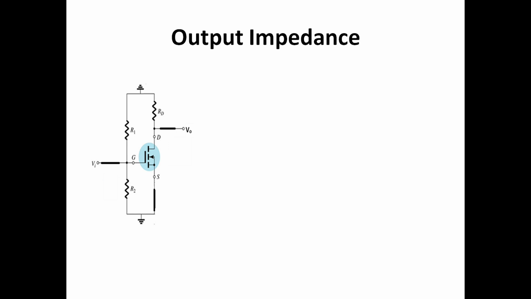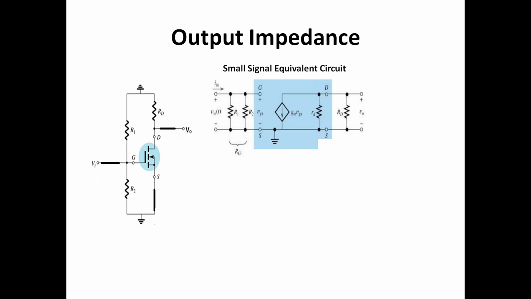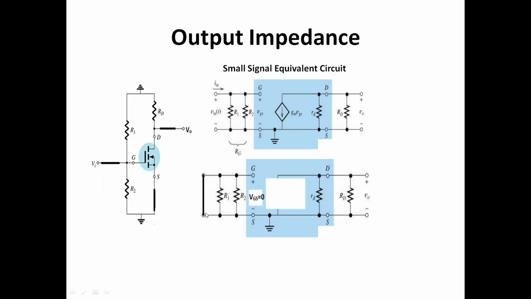Now let's find out the output impedance. The small signal equivalent circuit is this. To find out the output impedance, we have to provide a potential at the output terminal, and all other potential supplies will be shorted to ground.